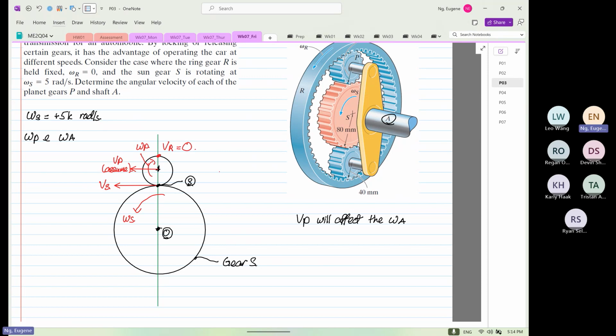VP, the planet, will affect the shaft A labeled in the diagram because they are linked with an arm. Yes or no? They are linked with an arm, and this arm is a rigid body. There you go. So that's why VP will affect omega A.